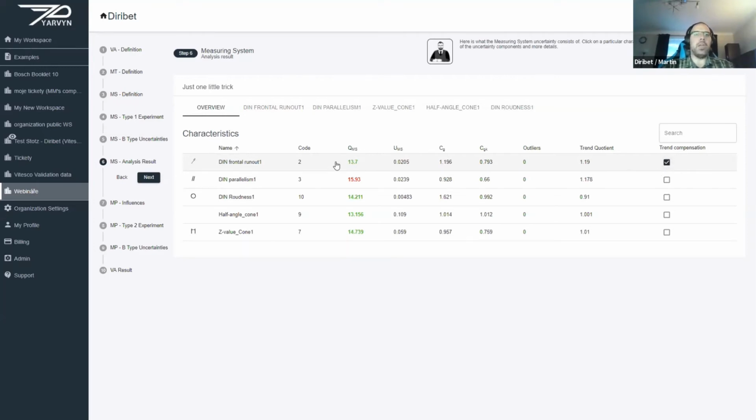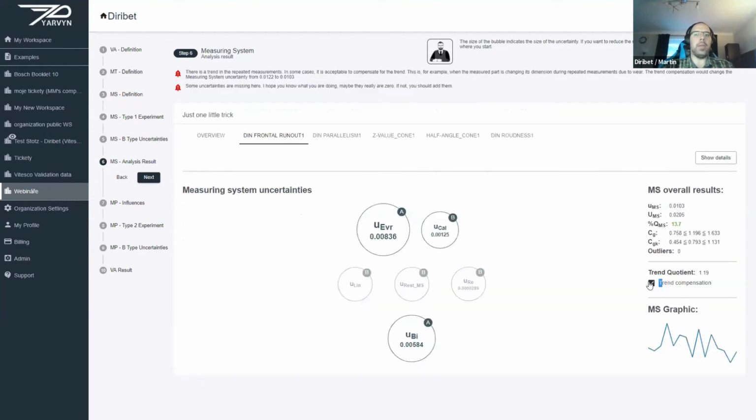And we can see what's happening here when we compensate this trend. You can see that the EVR uncertainty decreases a little bit, but also the uncertainty from bias decreases a lot. So this is the reason why we get better results: due to trend compensation, we have lower EVR and lower bias.